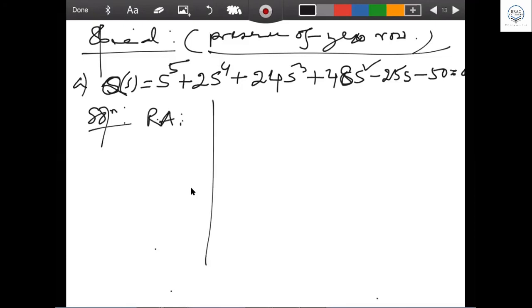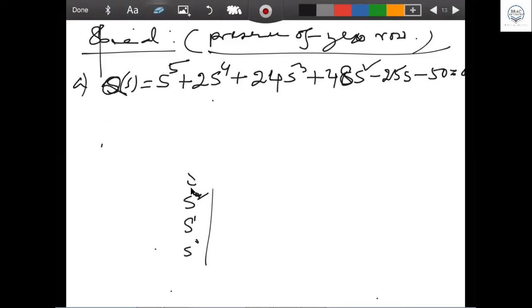We have s to the power 5, s to the 4, s to the power 3, s square, s to the 1, s to the power 0. First, 1, 24, minus 25. Okay, can we just redo these things here? I'm just going to rewrite here. We need some space.